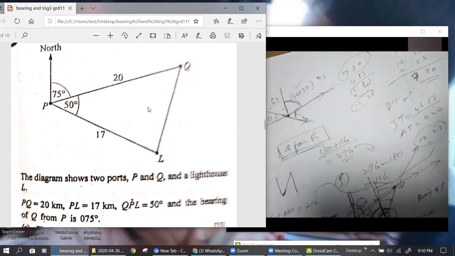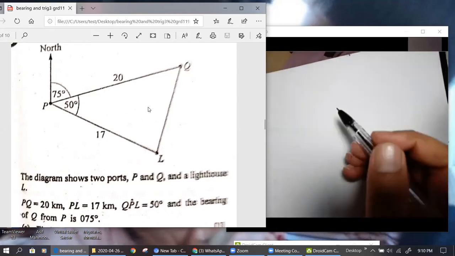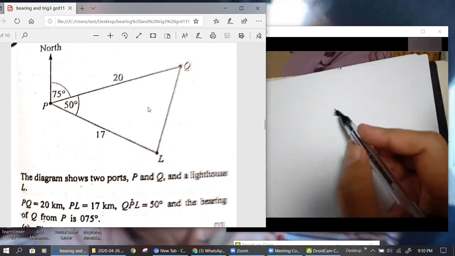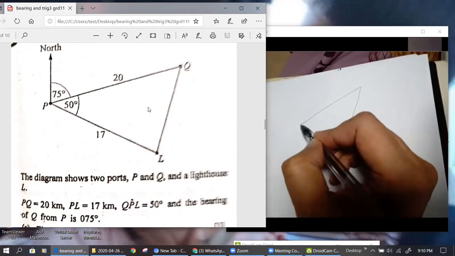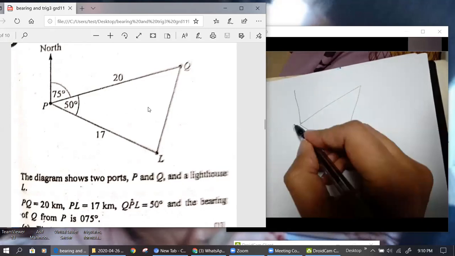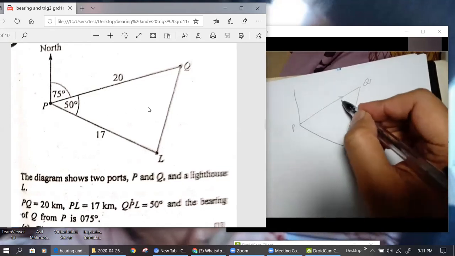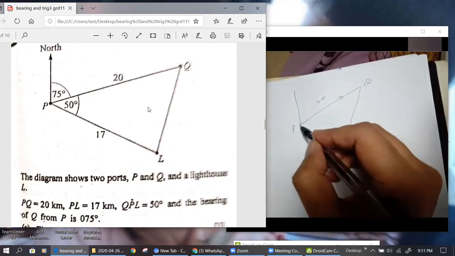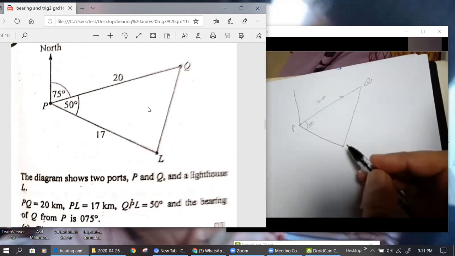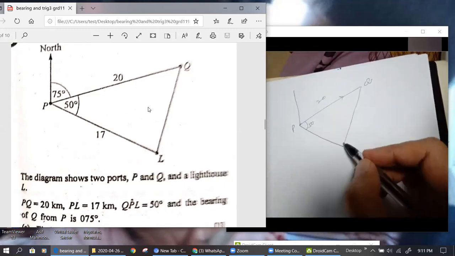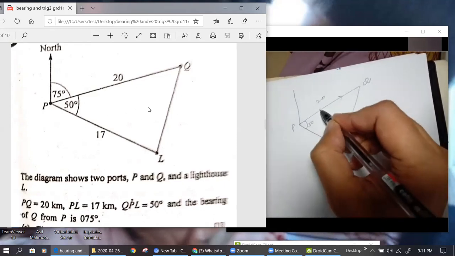So basically the boat is moving P to Q. Over here this was 20, this angle was 50, and this is the lighthouse. They said find the shortest distance of lighthouse to boat, meaning this distance we have to find. For this distance, now you know this 50, you know this 17, you can easily find.